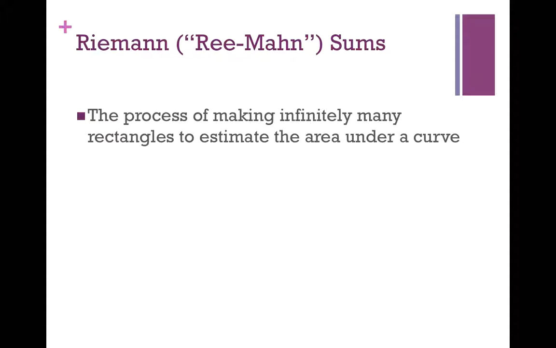Now, in the LRAM, RRAM, and MRAM, those rectangles have the same width, but sometimes if you varied the width, you could actually find a little bit better area. And Riemann sums is just the process of making infinitely many rectangles.